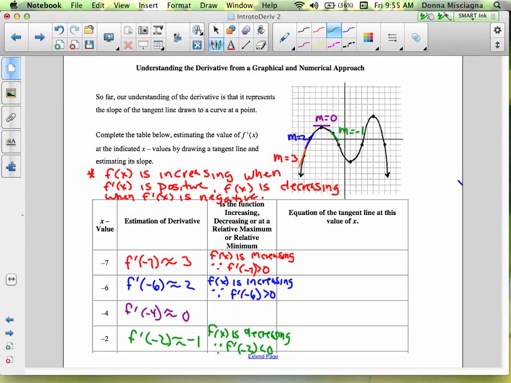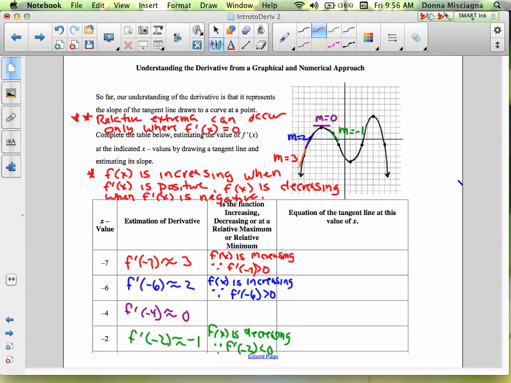Now let's talk about what happens when it's at 0. That's where our relative max and min values can occur. Relative extrema can occur only where f prime of x equals 0.